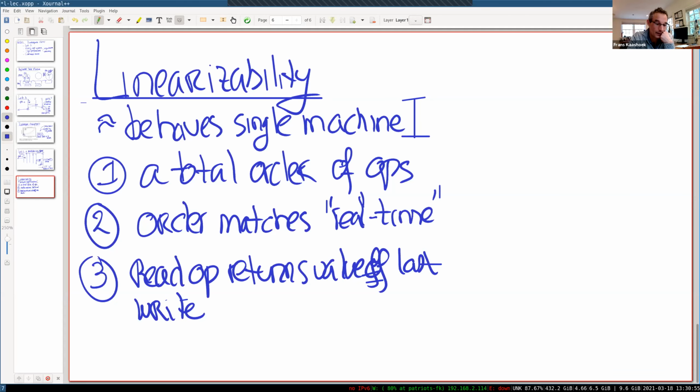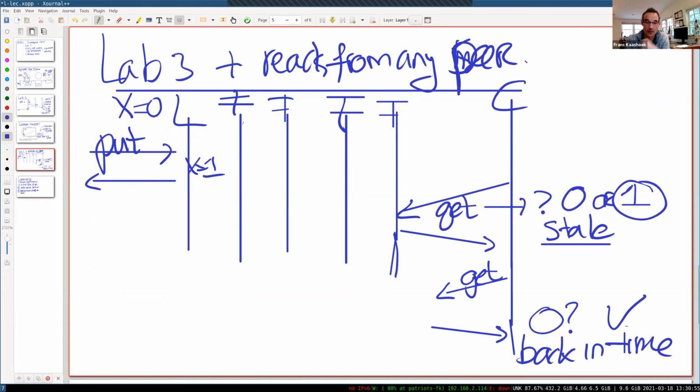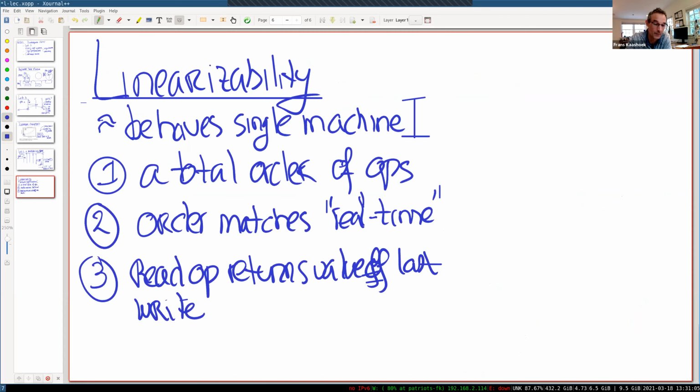Now we want to go back and think a little bit about the scenarios that we have on this whiteboard, namely these two cases of stale data and back in time, and think about whether linearizability allows that. Let's first focus on the first one. So we have a client one. The way you would draw this out and reason about linearizability is you draw diagrams of this form, where the left bar is the start of the operation, and the right bar is the acknowledgement to the client that the operation has been executed.